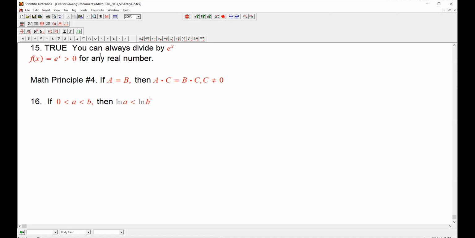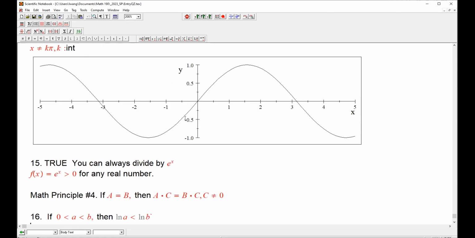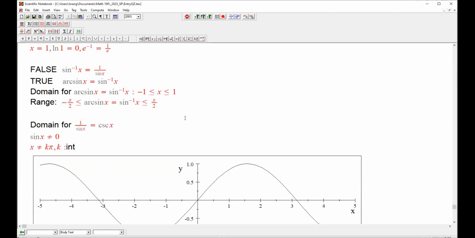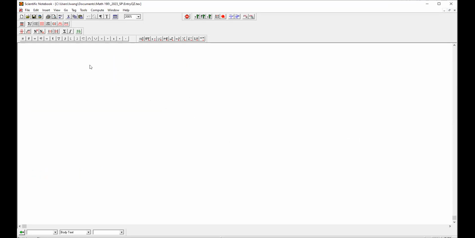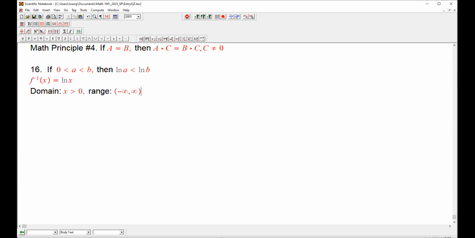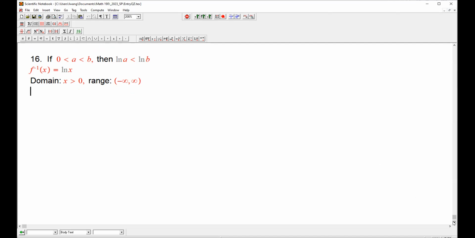That's interesting. We just studied ln x, right? So let's bring it back to domain and range. What kind of function is this? Please study that lesson about exponential and logarithm functions. A very, very important function that you're going to use.